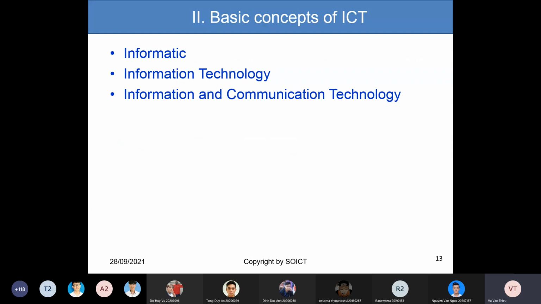Okay, I have introduced you to three concepts, that is information, data, and knowledge. Next, I will show you some basic concepts of ICT, that is information technology, and information and communication technology.